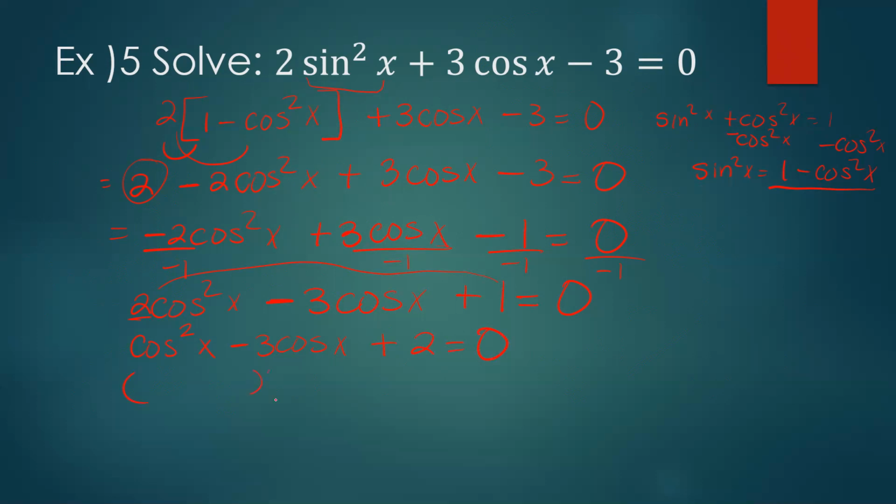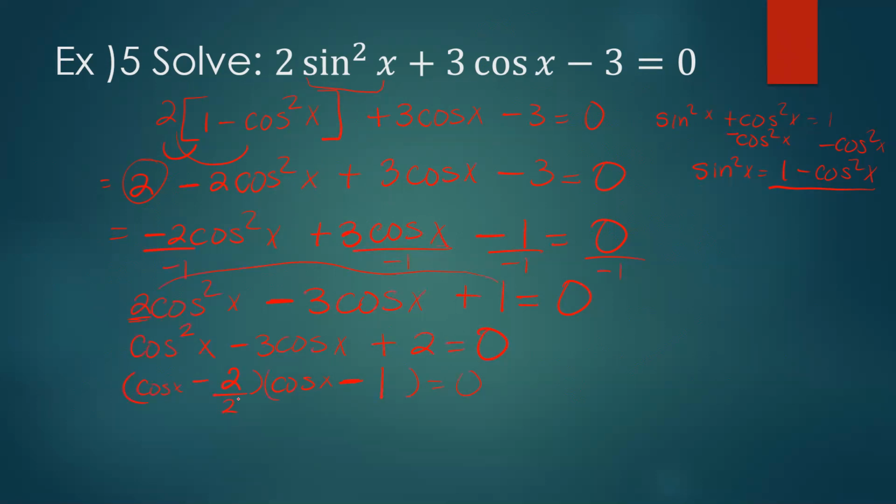And then from here, we're going to factor. So this is going to be cosine of x, and then this is going to be 2 and 1. Then I'm going to use negative 2 and negative 1. Then what I'm going to do is divide this negative 2 by this positive 2.